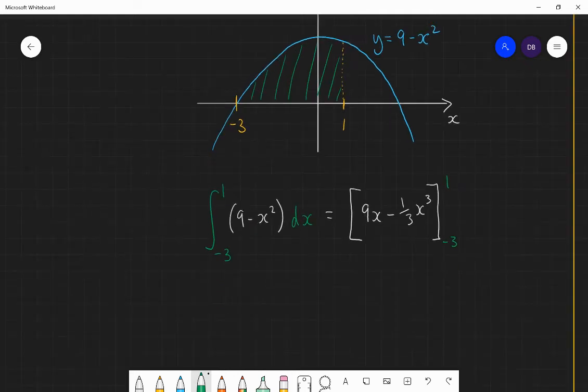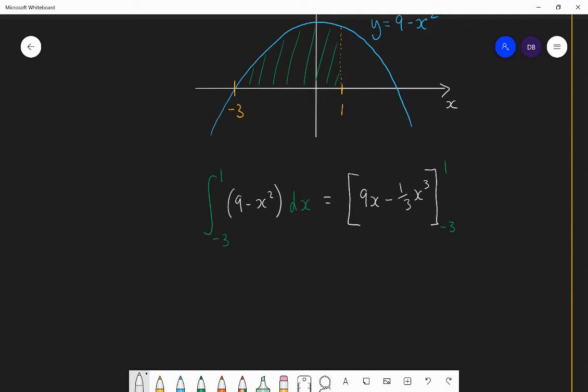Okay. So the next step is finding this. This is the area function. This is like A of x, and I'm going to find A of 1 and A of minus 3 and subtract the 2. Okay. So we now do 9 lots of 1 minus a third of 1 cubed. So that will give me A of 1.